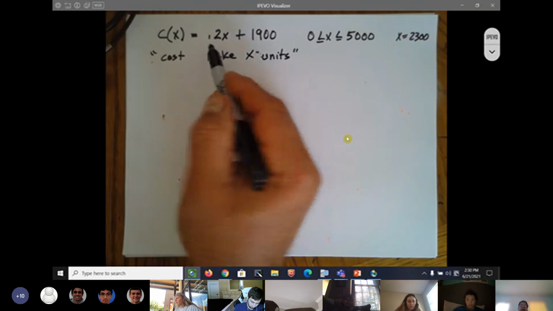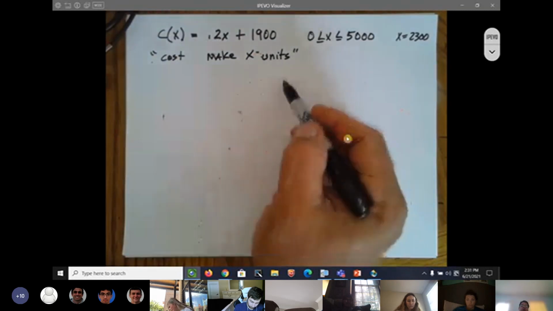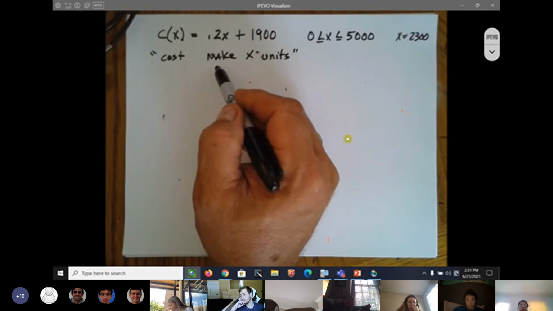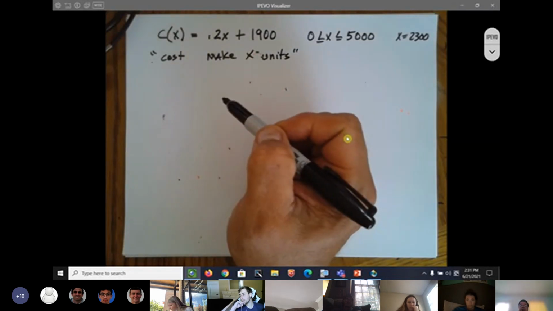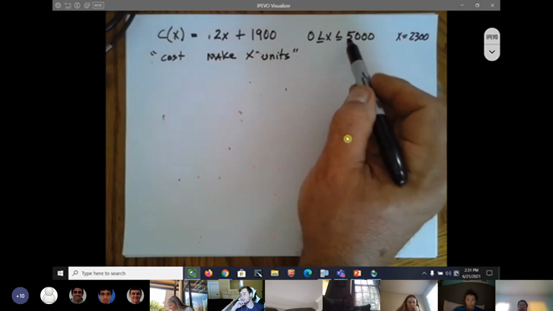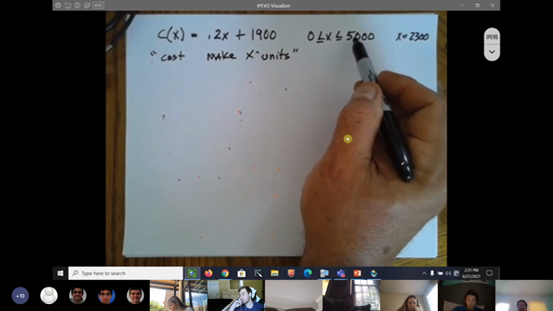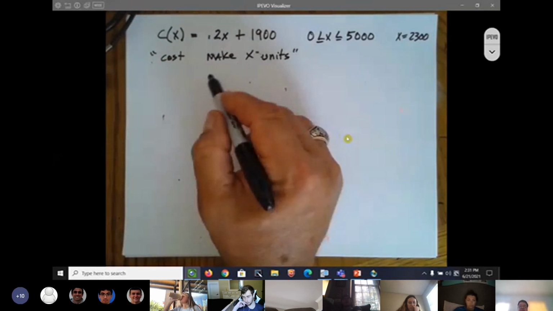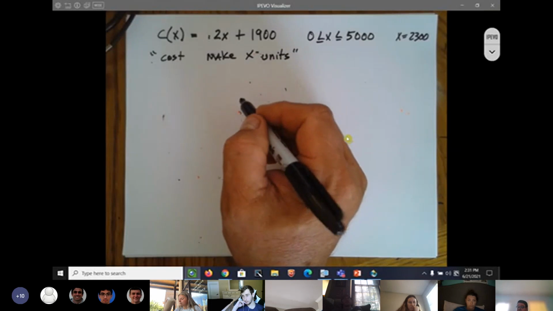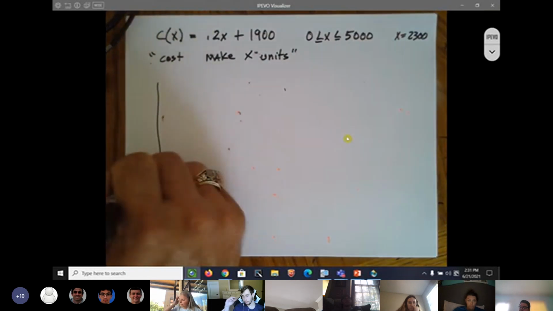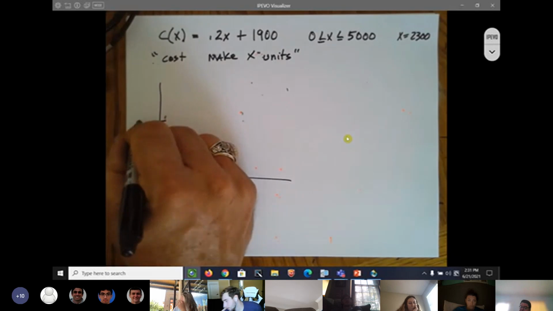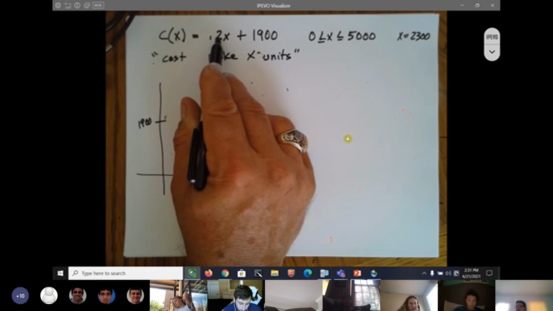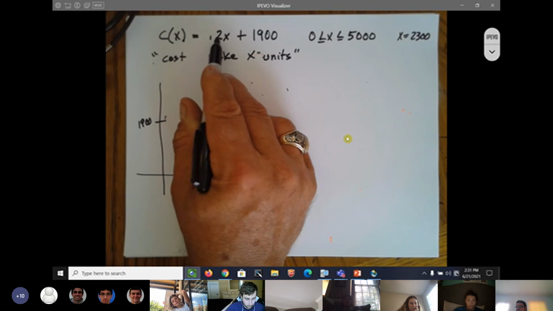Okay, that's the function for cost. So if you want to find out how much 10 units is going to cost, you would plug in 10, and that'd be 2 plus 1,900, which would be $1,902. If you wanted to find out how much it costs to make 5,000, you would plug and chug. So go ahead and put this in your handy dandy calculator, and you're going to get a graph. The y-intercept is 1,900, and you've got a slope of 2 over 10, which is 1 over 5.